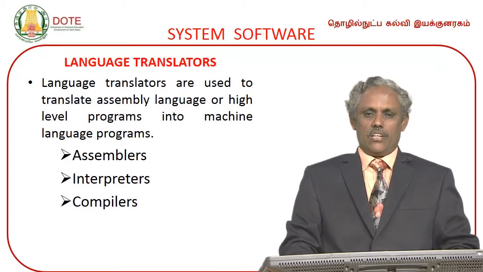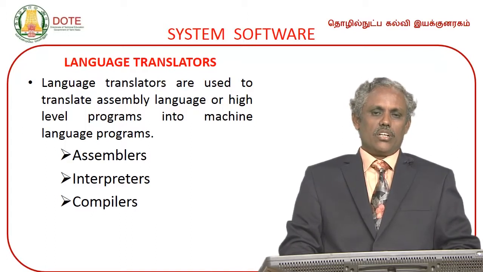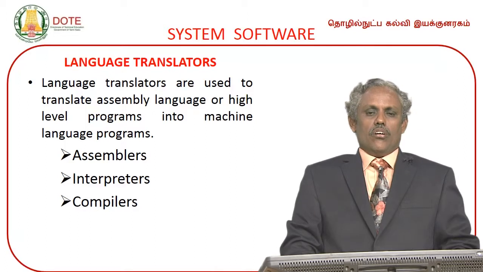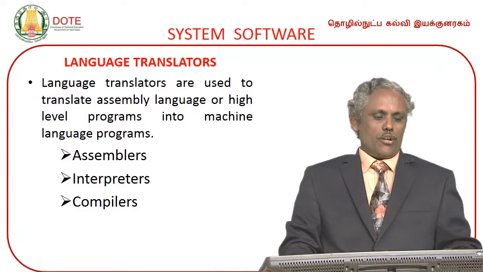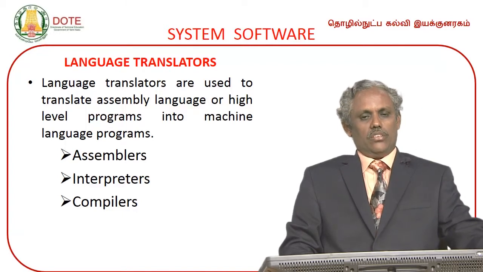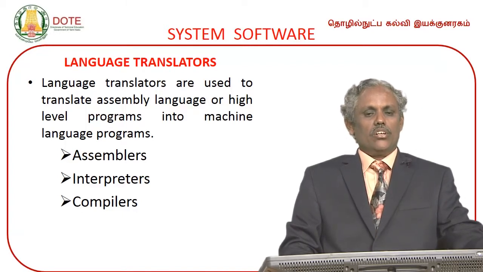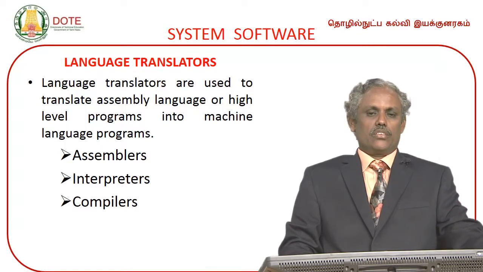We will see in the later slides what assembly and machine language programs are. So, these translators are also system programs. To translate the assembly language program, we use assemblers. To translate high level language programs, we use interpreters and compilers. For some languages, interpreters can be used, for other languages compilers can be used.